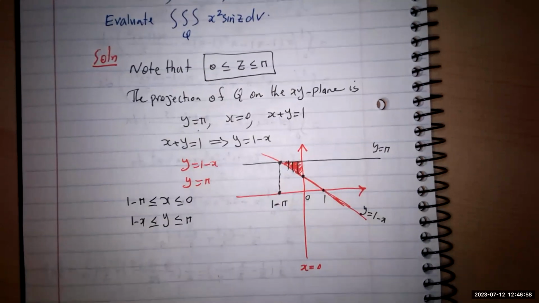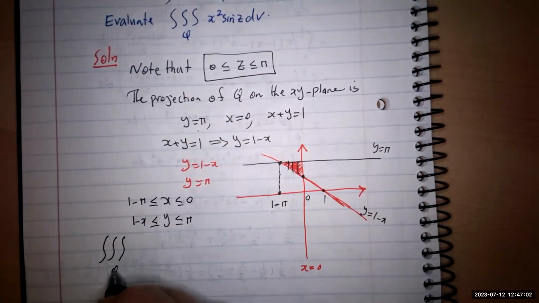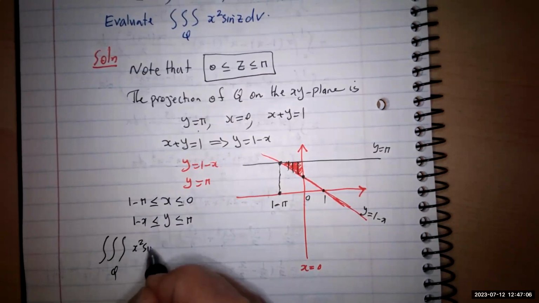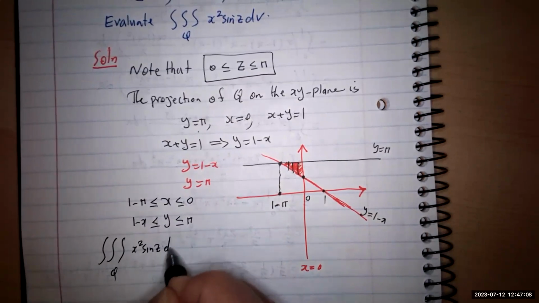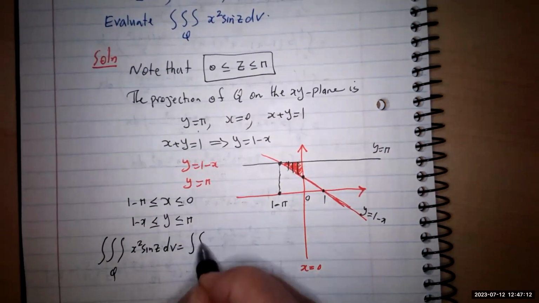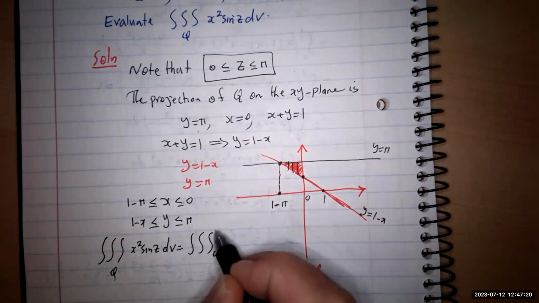Okay. So what's going to be the result of the integral? This is the triple integral that's given to you, and that's x squared sine of z dV. Now you know how to handle it. So it's going to be a triple integral. As we talked about, you integrate with respect to z first, z going from 0 to pi.